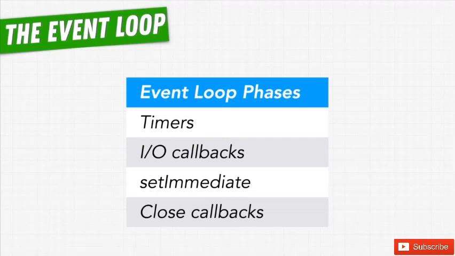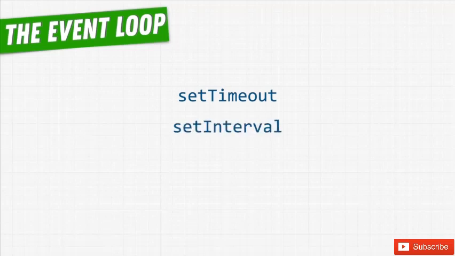But before we get there, we need to understand this concept of timers. There's 3 types of timers that we have in Node. You might have seen some of these. We have setTimeout, we have setInterval, and we have setImmediate.